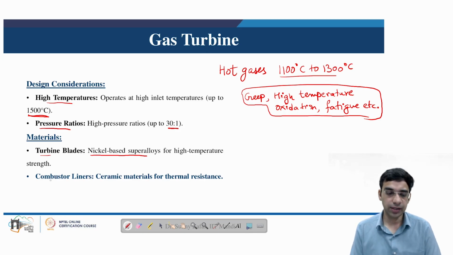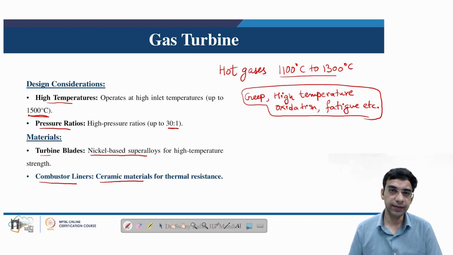Gas turbines also use combustor liners in the form of ceramic materials for thermal resistance, because the combustor is the region in the gas turbine system which experiences the maximum temperature, since that is where the combustion of the fuel, say the natural gas, is taking place.